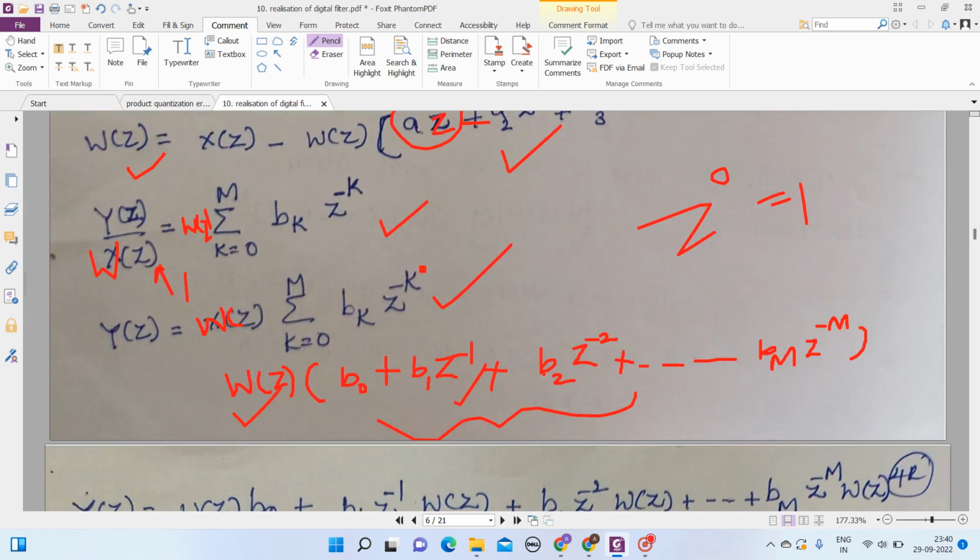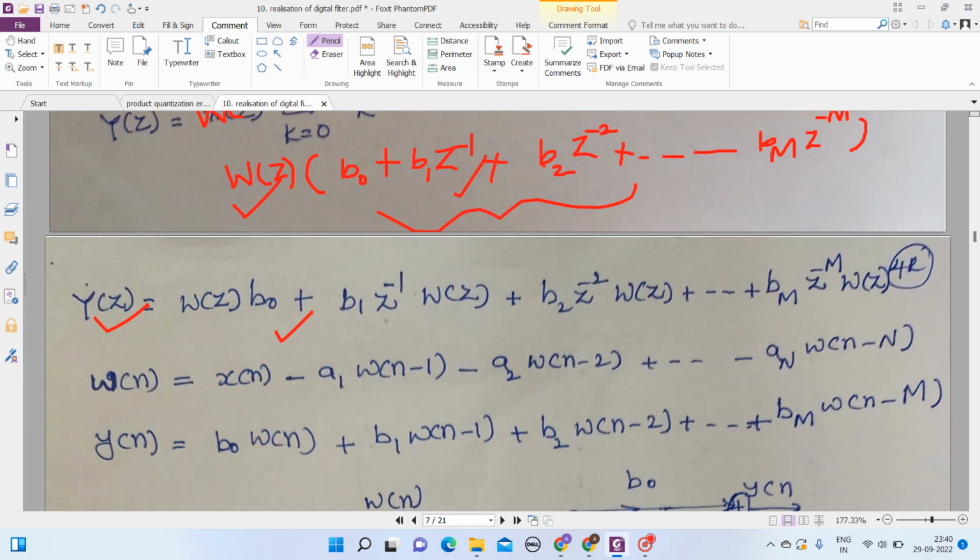We will see whether that equation is correct or not. See here, w of n is equal to x of n minus a subscript 1 w of n minus 1, right? So it goes like this. Again, we are converting from the frequency domain to the time domain. Y(z) means y of n.